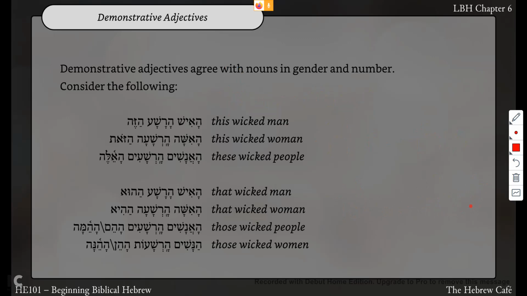Okay, the word for this, for masculine, is ze. Okay, so when you have the this, hazeh. You see it right here? So we can say ha'ish hazeh, this man, the this. And you notice we can put adjectives in the middle. The word rasha means wicked. Okay, rasha.